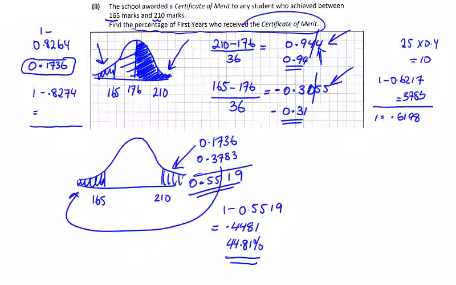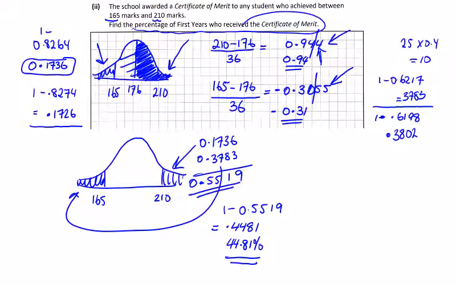What if we take the exact values? Could the SEC create a marking scheme where it's actually the exact values? This will be 0.1726. So this one over here, what did we say? It was 0.6198, not 0.6217, so 1 minus that, which will be 0.3802.